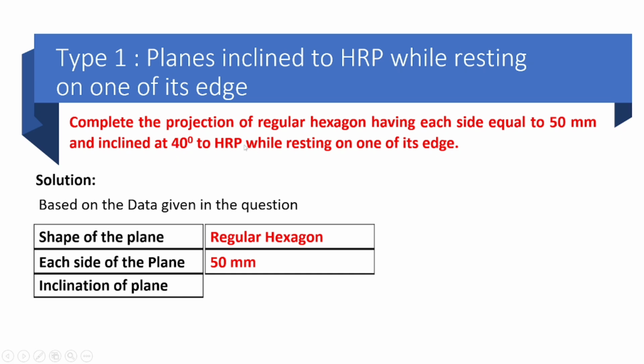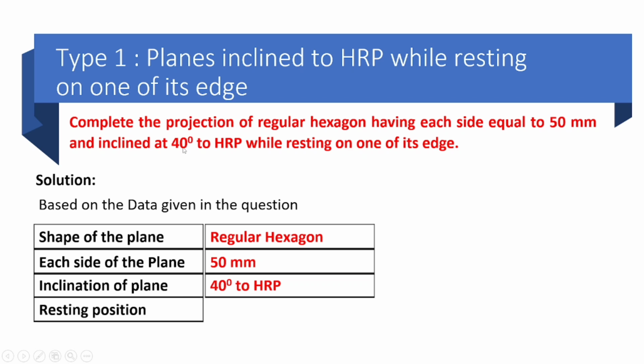In the given question, it is 40 degree to HRP. And another important point is the resting orientation or position. Here we will find the plane is resting on one of its edge. Answers to all these 4 points you can find in the given question itself. This would be the first step.